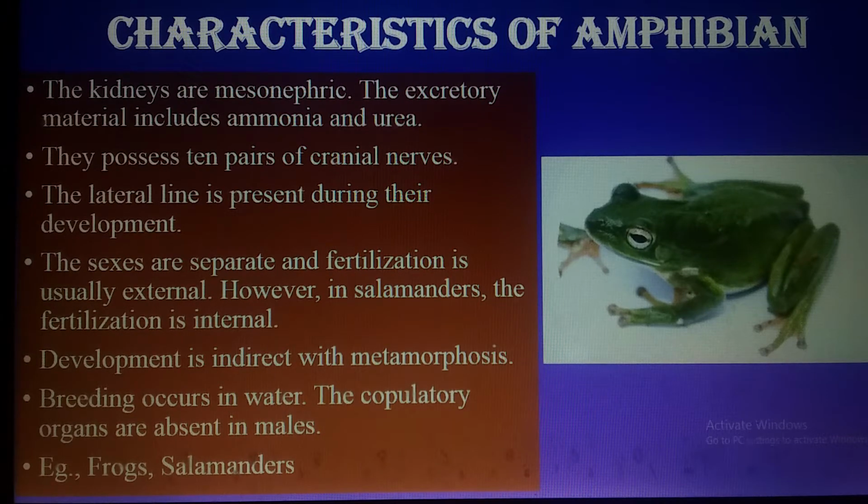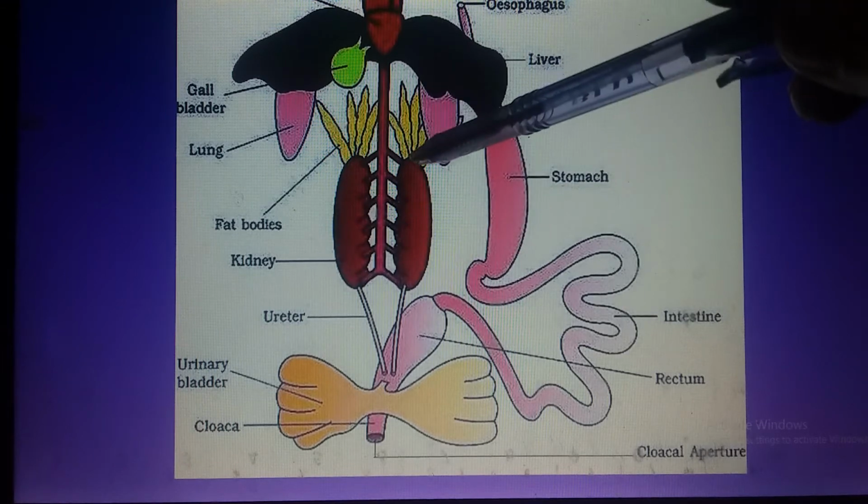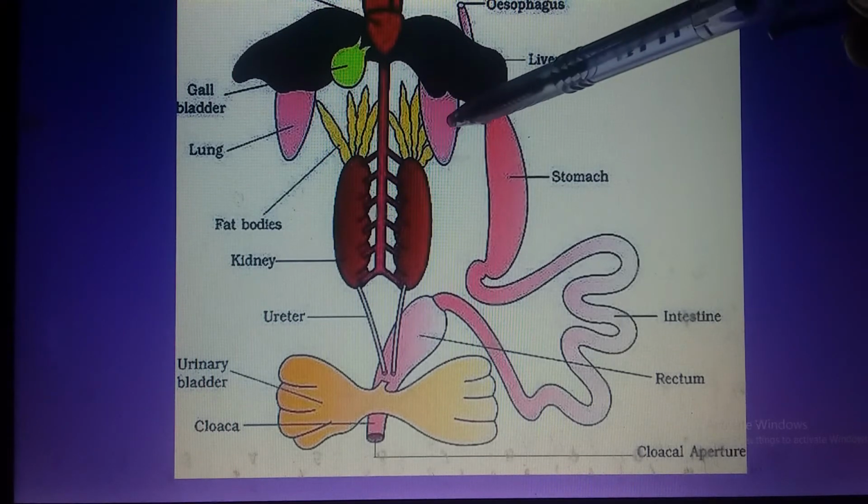The copulatory organs are absent in males. For example, frog, salamander, and I will discuss all these types one by one. Now this is the overall system of the amphibians, and this is basically the figure from the frog systems, and you can see here this portion is the digestive system, which I will discuss in detail, and these are the kidneys, these are the fat bodies.